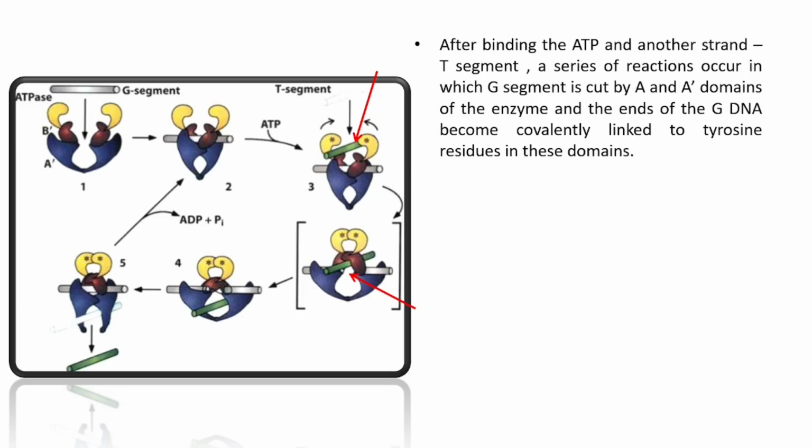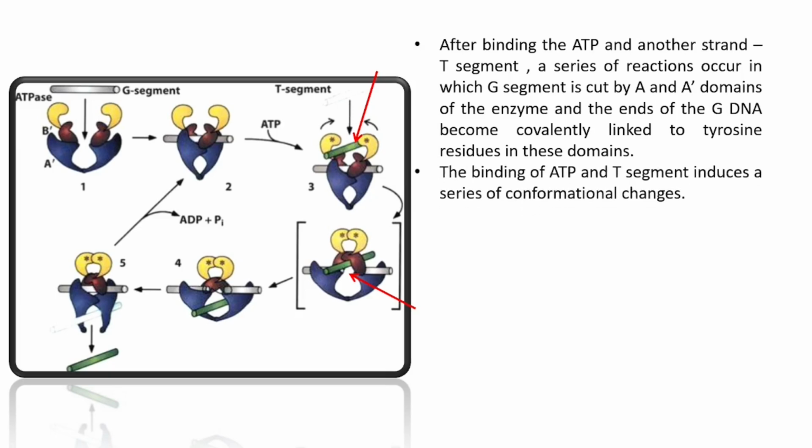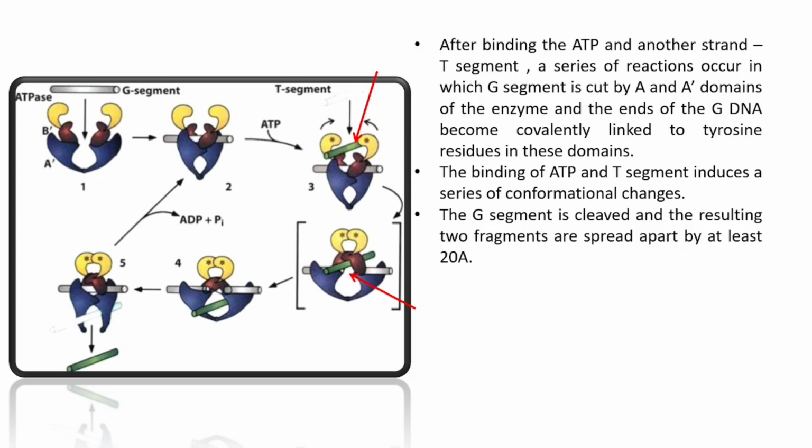The binding of ATP and T segments induces a series of conformational changes. The G segment is cleaved and the resulting two fragments are spread apart by at least 20 angstroms.